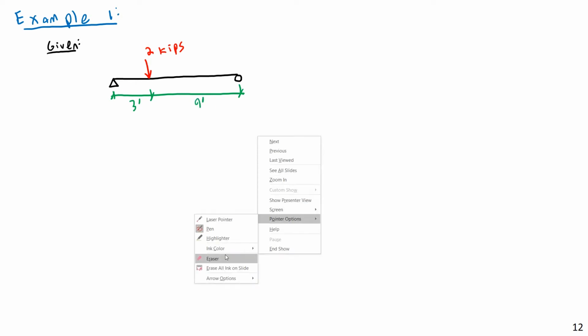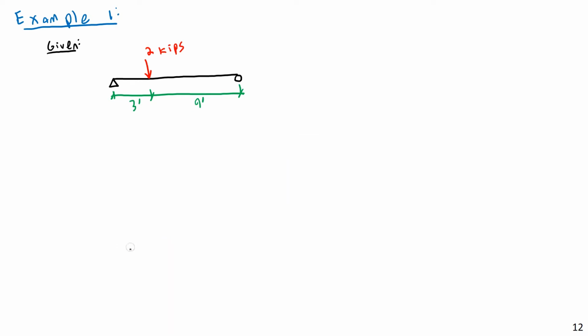Okay, and I want to find the reaction forces on this beam. Okay, so there's that. Now, let's go ahead and work through this.